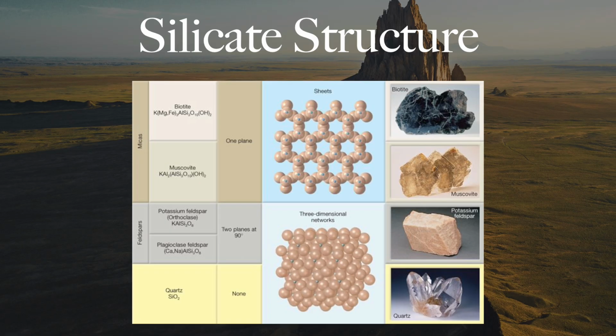Okay, finally on the bottom here, we have quartz, which is just our SiO2. So that is only our tetrahedra here. We don't have the addition of any other elements in our quartz. It's joined together just as our tetrahedra, again our three-sided pyramids, all stacked together and compacted into a crystal structure.